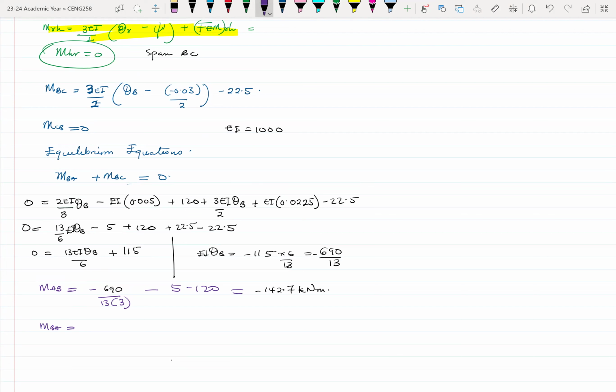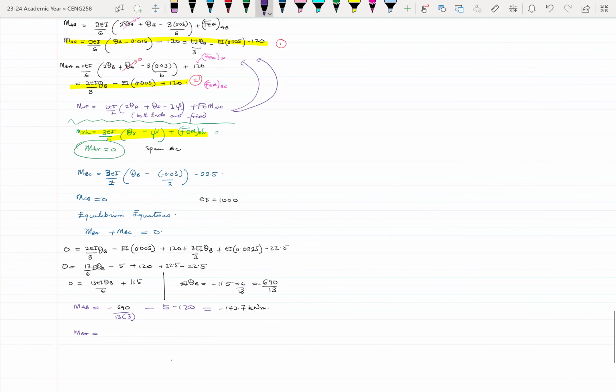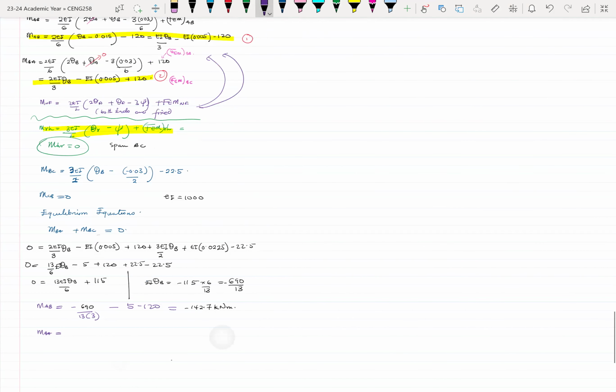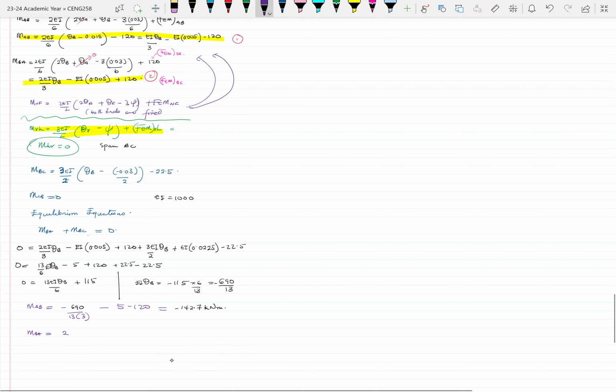MBA would also be going back. MBA will be 2 over 3 minus 690 over 13, then minus 5 plus 120.